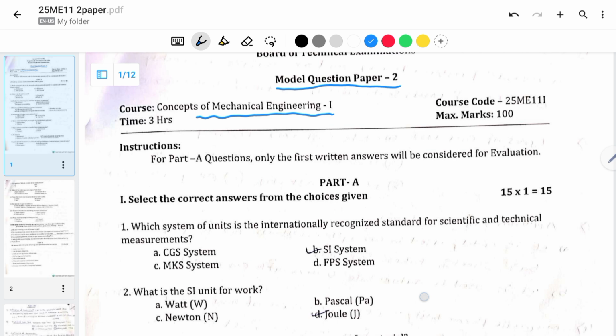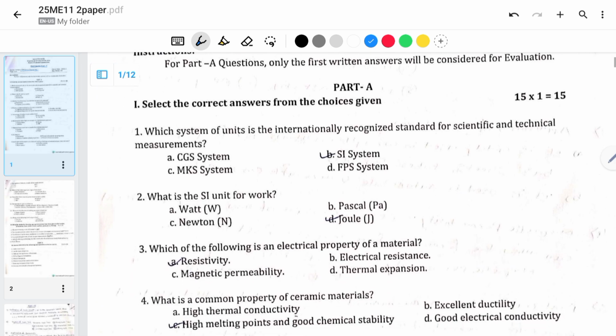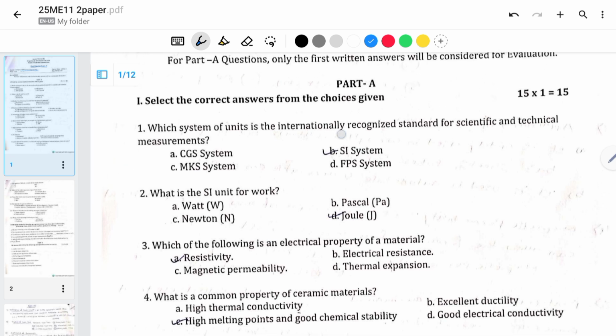As per the pattern, first we're going to get objective type questions. So let us start with these questions. The first question is: which system of units is the internationally recognized standard for scientific and technical measurement? Here, the international system is the standard one. There are different types of measuring systems: MKS, FPS, CGS.